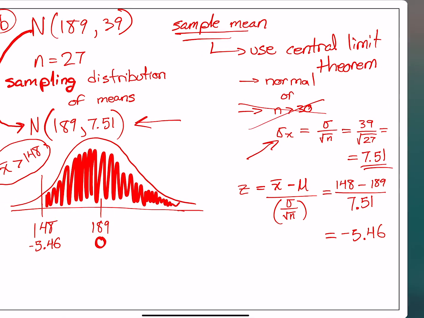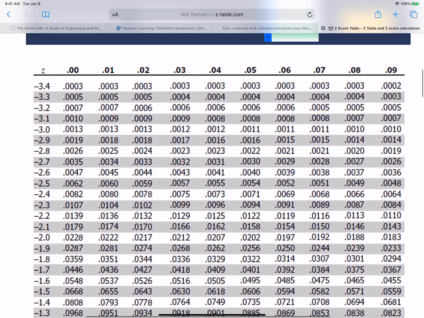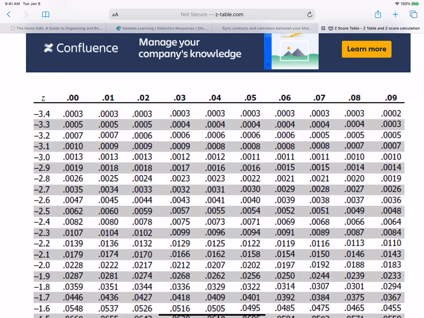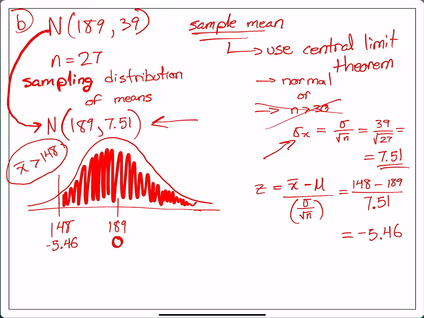If we go back to the chart, it's going to be an uh-oh moment, because look at the chart. The chart stops where? Negative 3.4. There's nothing bigger than negative 3.4. So in this case, we're going to put that this has a probability of 0.0001, which is super small.